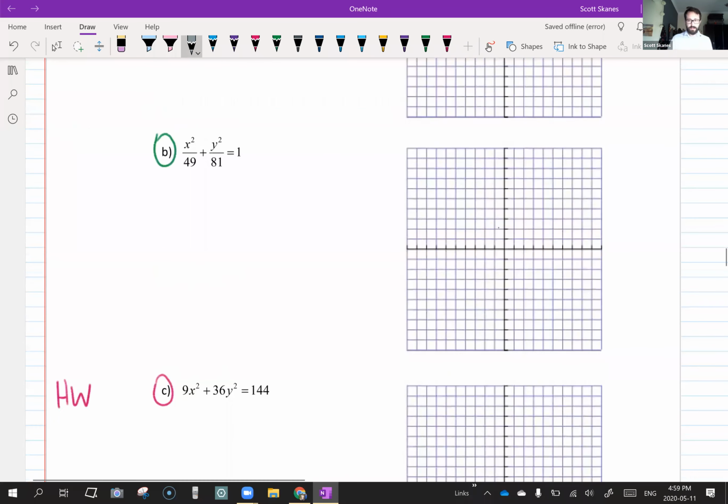Just to make it super clear, this is going to be pulled in the y direction. That's our major axis. This is going to be pulled in the x direction. That's our minor axis. And then c squared is 81 minus 49. It's a squared minus b squared. So 81 minus 49 is 32. So c is root 32, also known as 4 root 2.